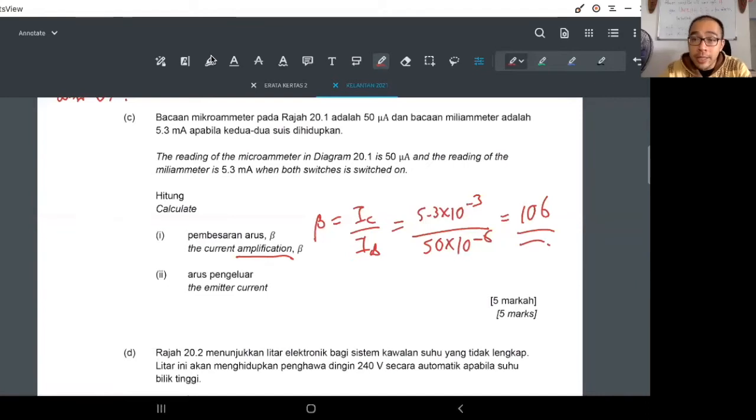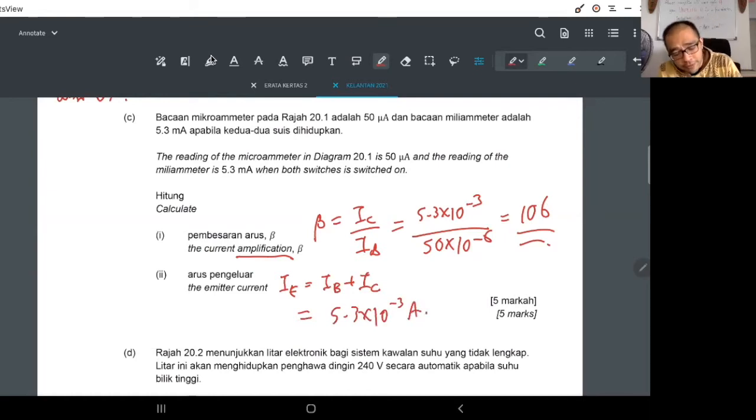The emitter current, this is another formula. Emitter current is the same as base current plus collector current. So just add them and you will get the answer, about 5.35 times 10 to the power of -3.